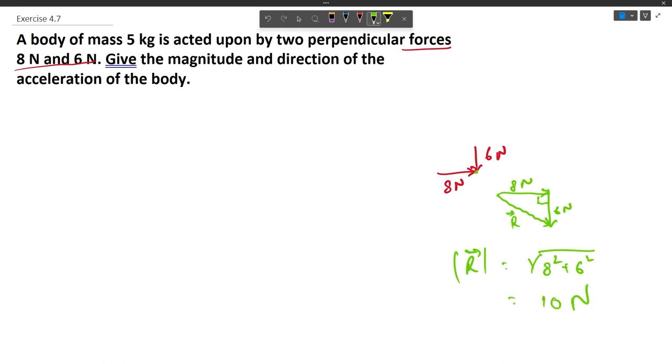Now in order to find the direction, we will find the tangent of this angle theta. So tan theta would be equal to 6 Newton divided by 8 Newton, and that would be equal to 3 by 4.